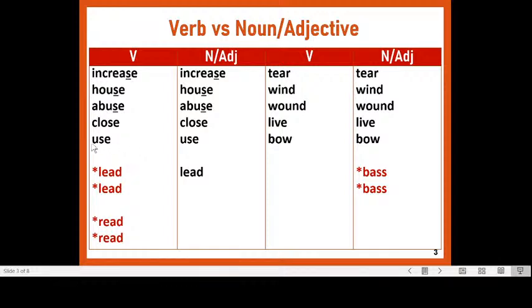Okay, we have words, for example, some verbs. And those verbs, they have two pronunciations. One pronunciation when the verb is present, and the other pronunciation when the verb is past, like lead and led.